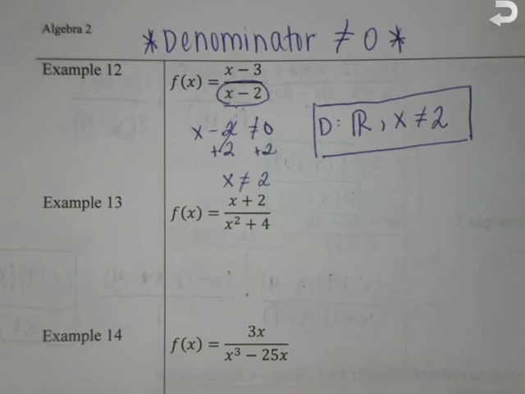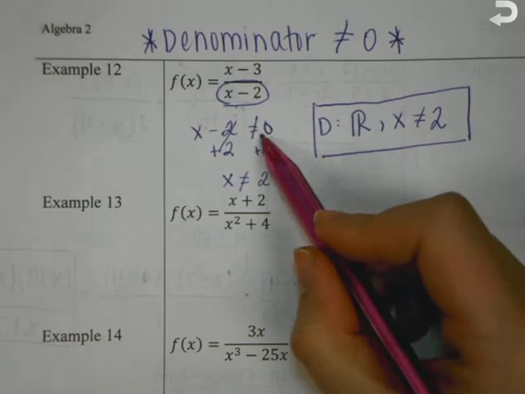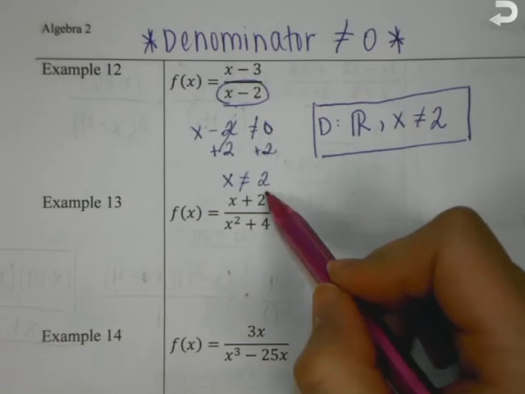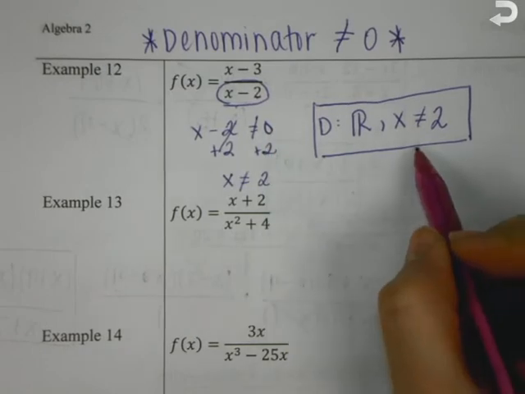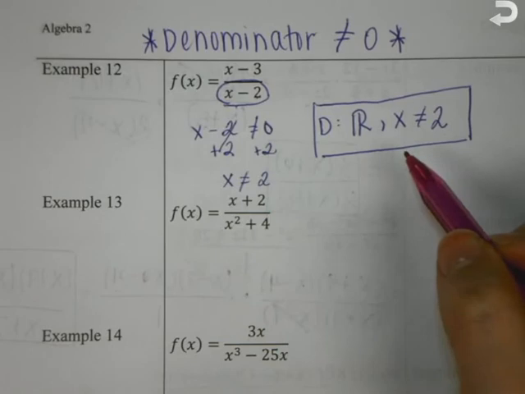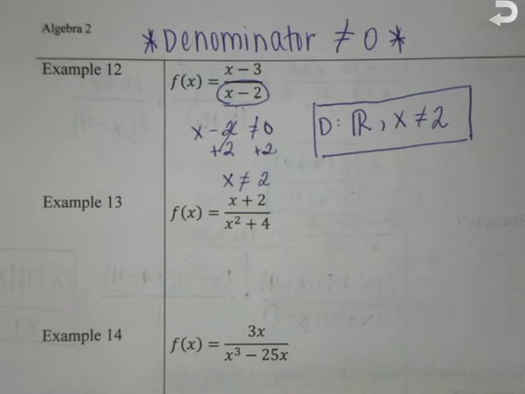Alright, so let's do example 13 really quick, and then we will be done with this one. So we have x squared plus 4. That's our denominator. So get it equal to 0. So x squared plus 4, and we don't want it equal to 0, but we're going to treat it the same.